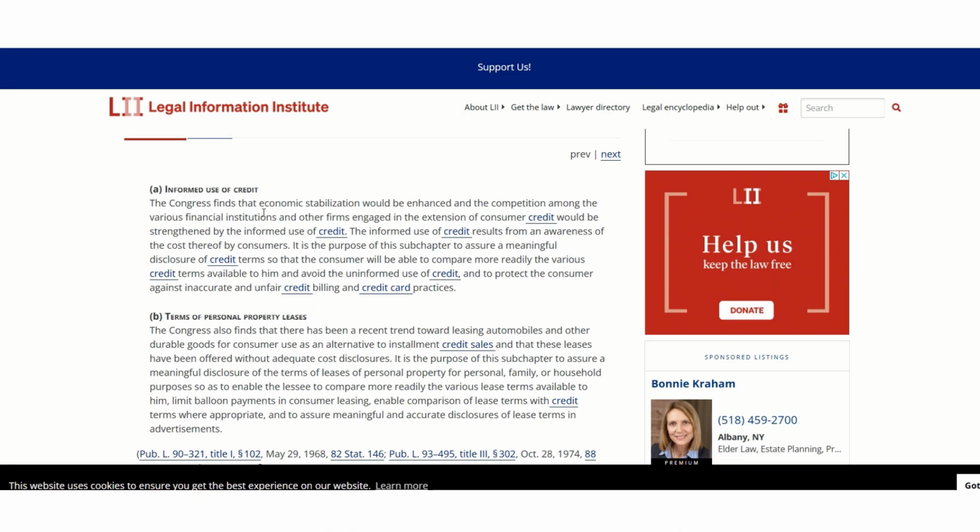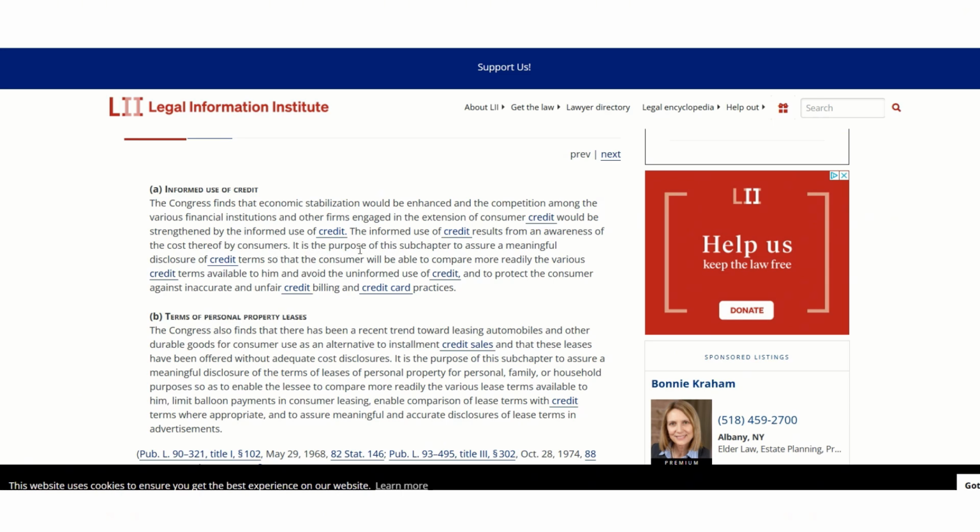The Congress finds that economic stabilization will be enhanced and competition among the various financial institutions and other firms engaged in the extension of consumer credit will be strengthened by the informed use of credit. The informed use of credit results from an awareness of the cost thereof by consumers.